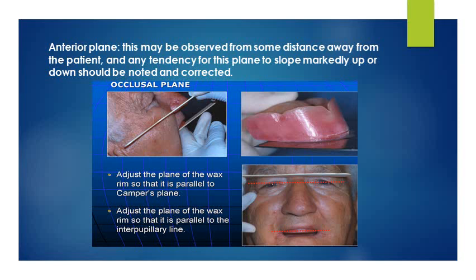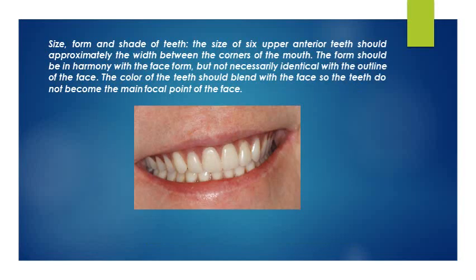This step will be recorded in the centric visit: how much of the wax will appear during smiling and at rest. At rest should be 2 mm. During smiling, only the incisor teeth should be exposed or seen.